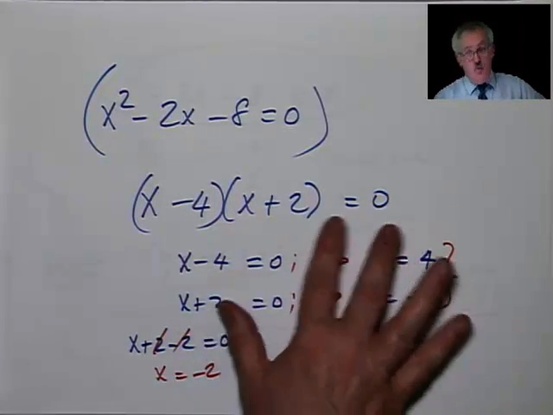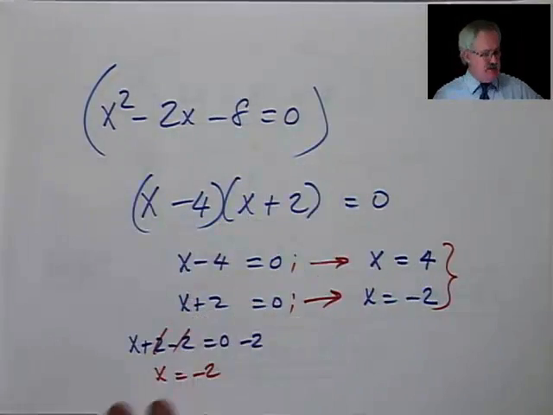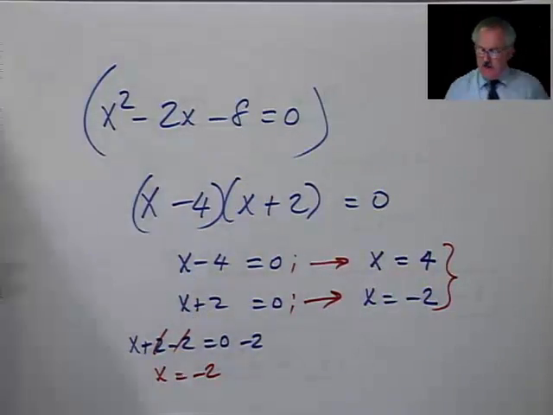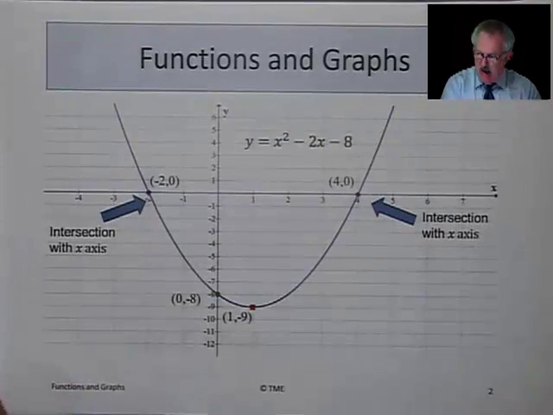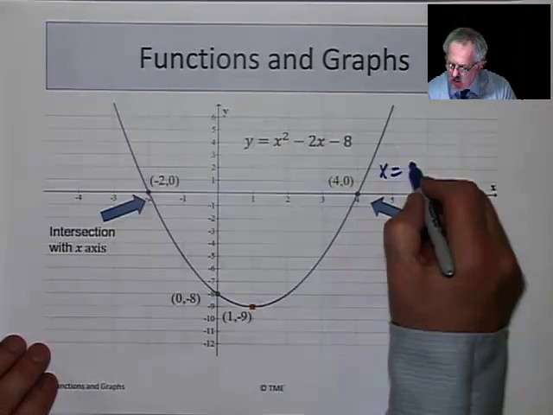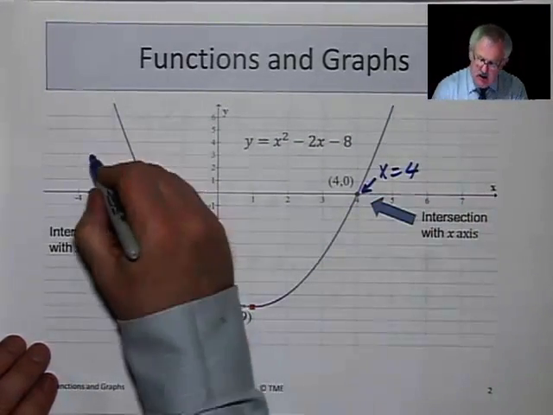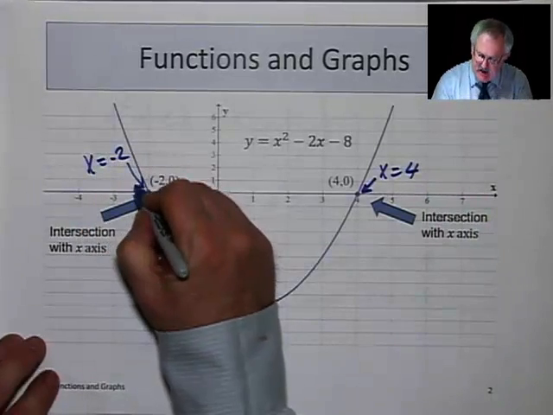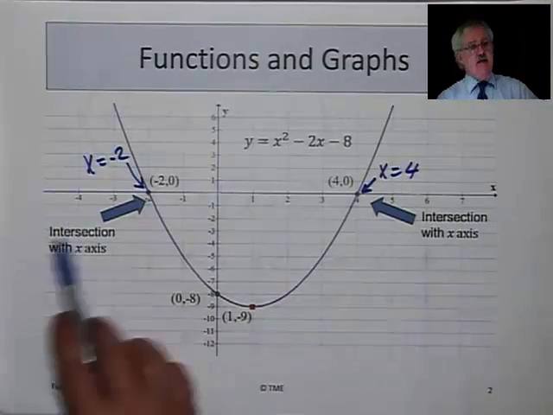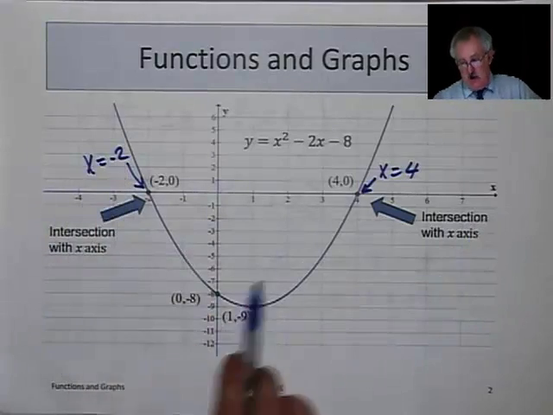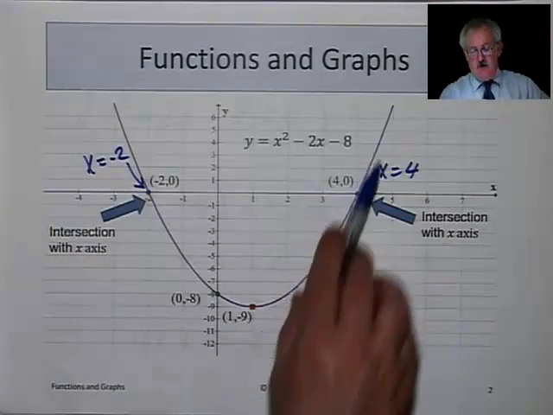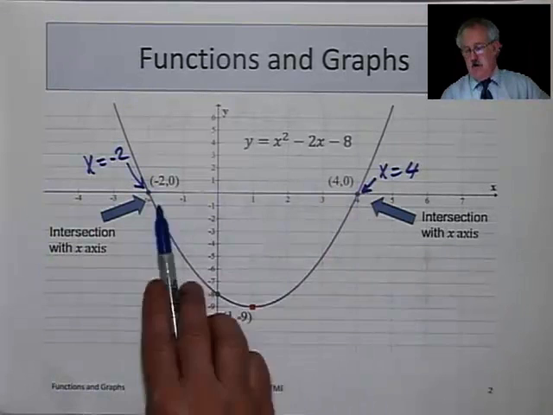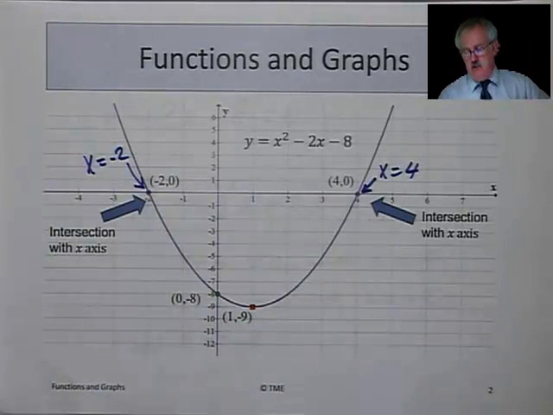The function y is 0. And if we look at that, we see that at x equals 4, which is here, and x equals minus 2, which is here, that is indeed the case, where the quadratic is actually sitting on the x-axis. So they're right.